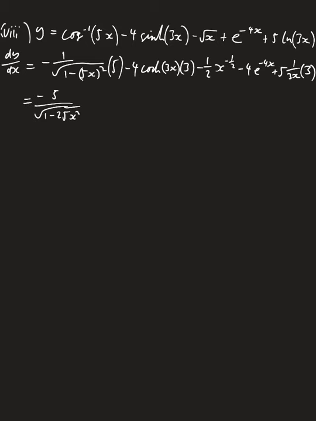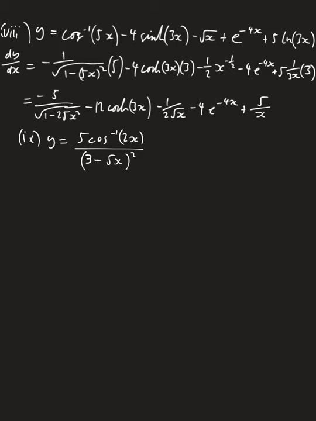So I have 2 5's in there, makes 25. 4 3's are 12, so we minus 12 cosh of 3x, minus 1 over 2 times root x, so x to the power of a half is 1 over the square root of x, minus 4 e to the power minus 4x, plus those 3's cancel, I end up with 5 over x.